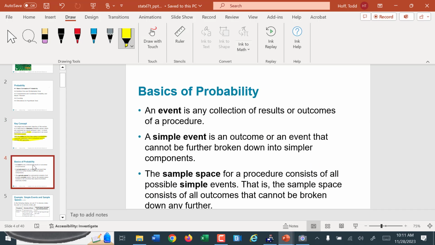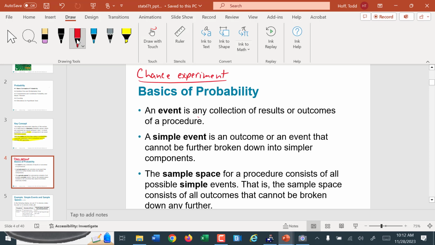So in the basics of probability, this book starts right in talking about events. Most textbooks define something called a chance experiment or a random experiment. And this book refers to that as just a procedure rather than a chance experiment.